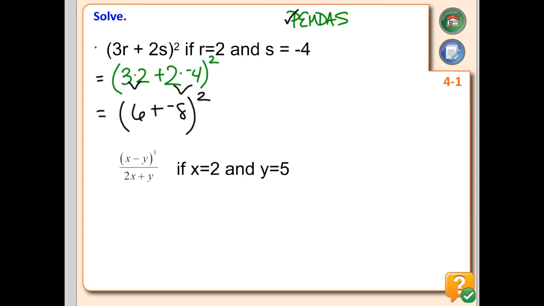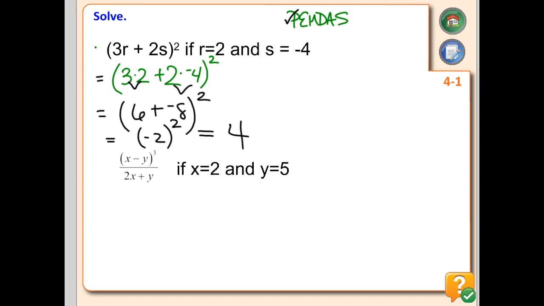Now, we're going to do what's inside parentheses. What's 6 plus negative 8? We've got negative 2 squared, and then what's negative 2 squared? Well, negative 2 times negative 2 is positive 4. So again, I'm just trying to get you to slow down a little bit, and let's check what's going on now that E is in play in PEMDAS.